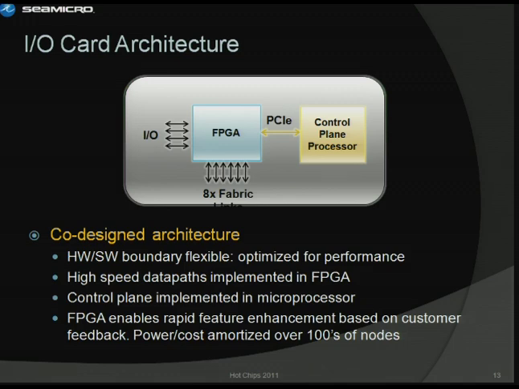The control plane, which is typically more complicated, is implemented on a control plane processor. Now, we could have used hardened silicon instead of an FPGA, but the reason we went with an FPGA is because it enables us to rapidly implement features based on field requests from the customers. Moreover, the power and cost of these FPGAs is amortized over hundreds of nodes, so it's not that big a deal.